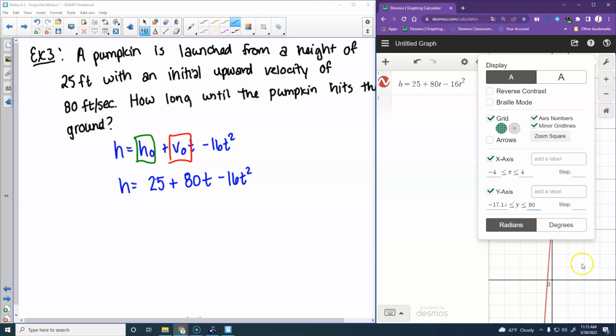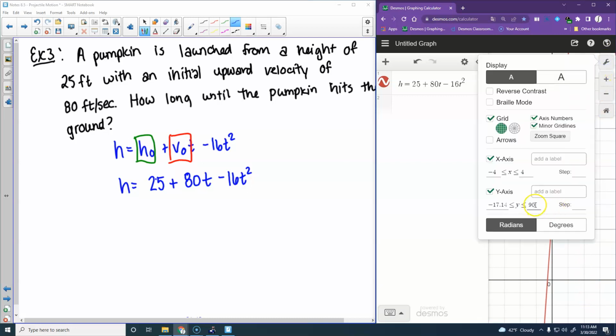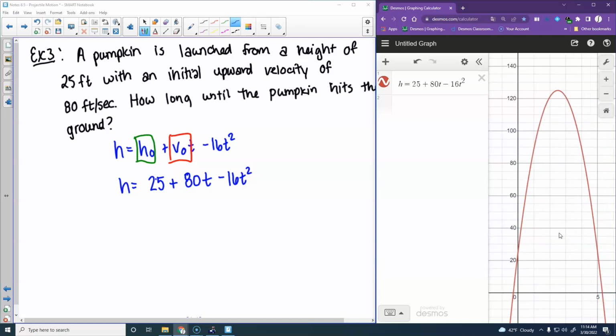Okay, Marla says 90. It's better, but not there. Let's take. That's pretty good. But now I need to sort of drag it over so I can see the whole thing. So, whenever it's not showing up well, try to get your window correct.